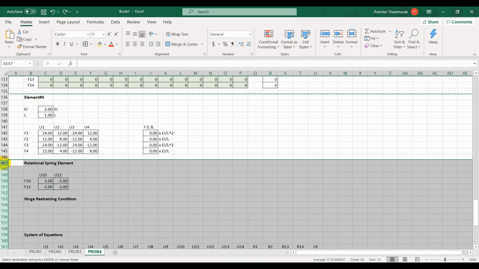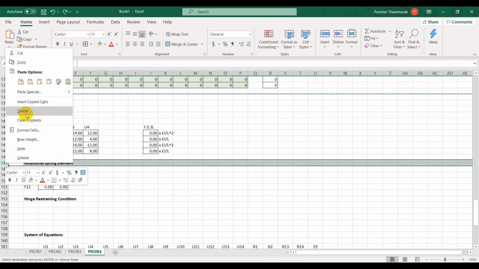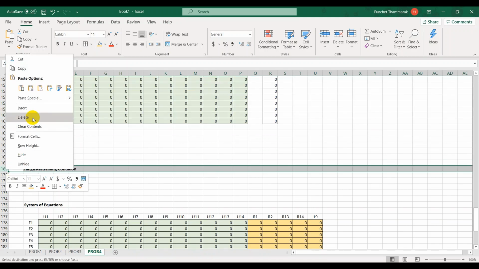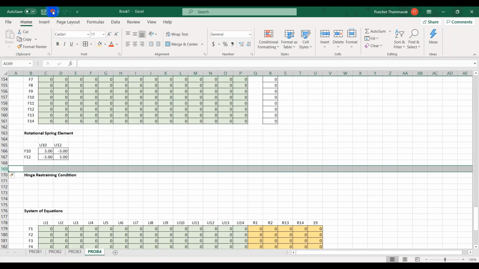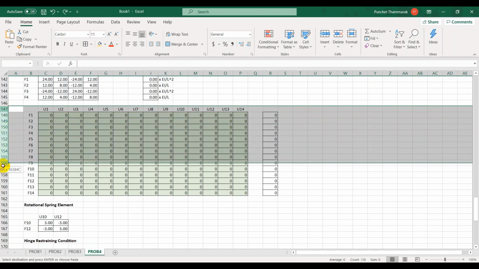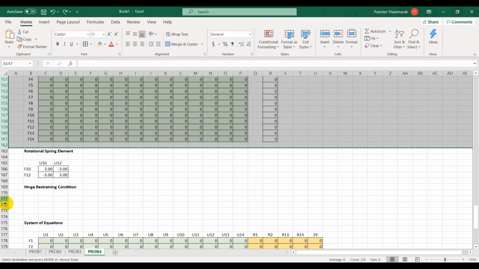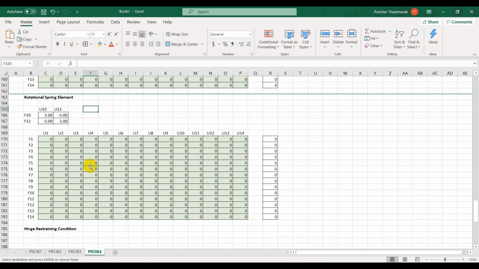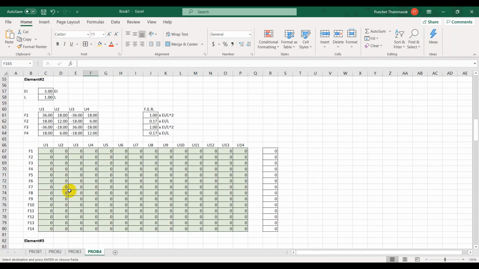Undo. Yeah, I need to insert. Okay, all right. Just be patient a little bit. Okay, now it's all there.